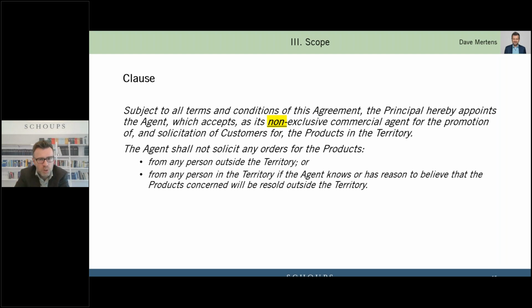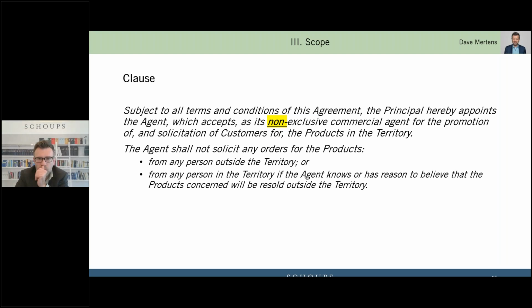If you appoint someone as exclusive agent, well, every transaction that is concluded in his or her market will yield commissions for that agent, regardless of whether that agent was actively involved in that deal. So exclusive or non-exclusive, or something in between: exclusive again, with the exception of these key accounts, or non-exclusive with the exception of these customers that you already had, for which you will remain as exclusive commercial agent.